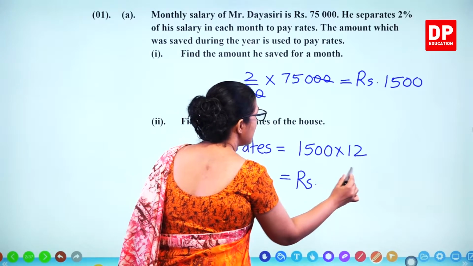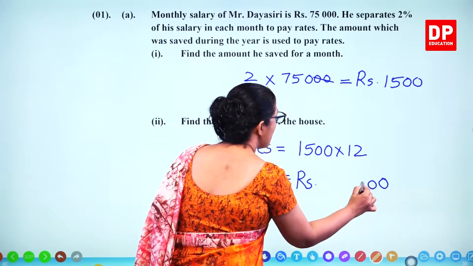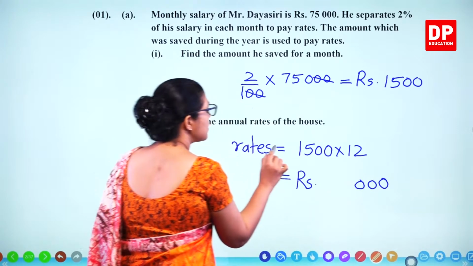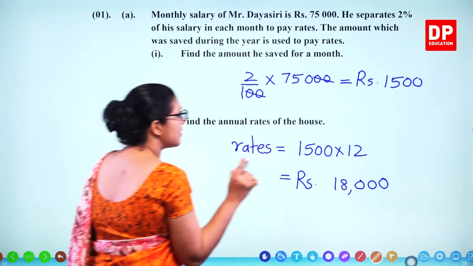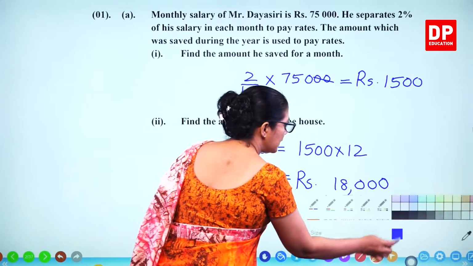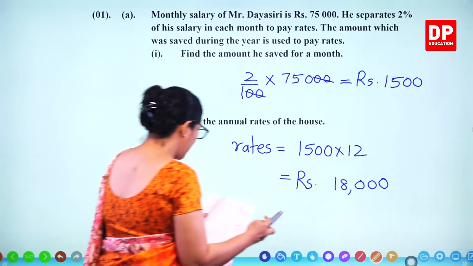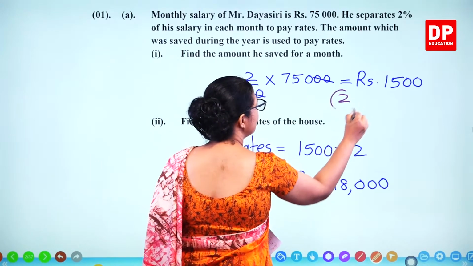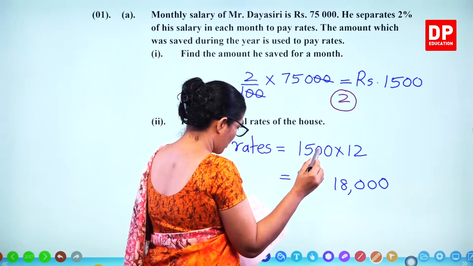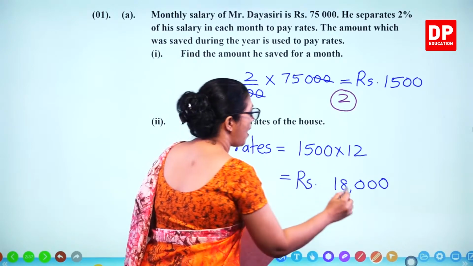You get 0, 0. 12 times 5, 60. 12 times 1, 12 plus 6, 18. 18,000 rupees. So let's see how many marks we can give. 2 marks for this and 18,000. 1 mark.